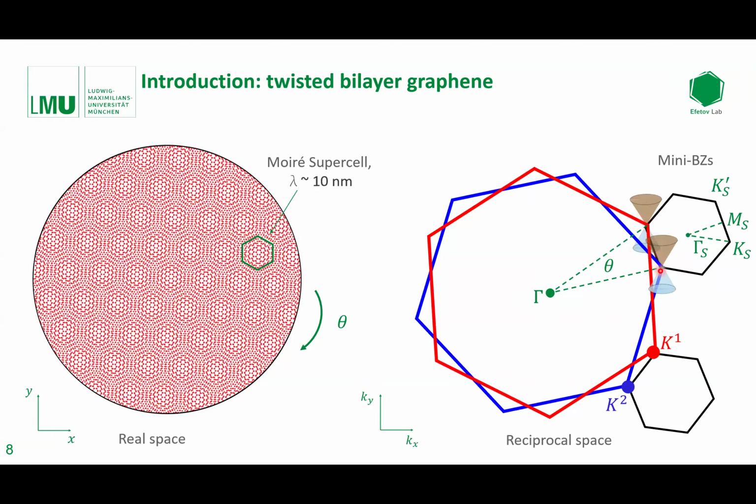And if the Dirac cones of the two layers come very close to one another in K space, they start hybridizing and forming a new type of band structure, which deviates quite dramatically from the Dirac band structure originally given by the single layer graphene.